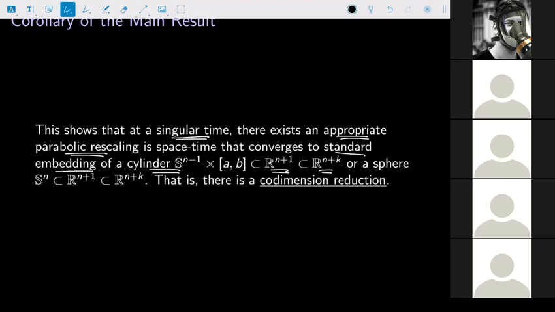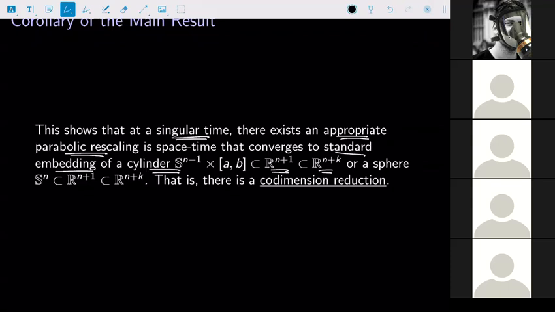So this is quite an interesting phenomenon: in the singular limit, even though you start off with high codimension, as you approach a singular point and form a parabolic rescaling, your codimension drops. So you're actually in a linear subspace of R^(n+k), and the linear subspace is codimension one larger than the submanifold that you started off with.